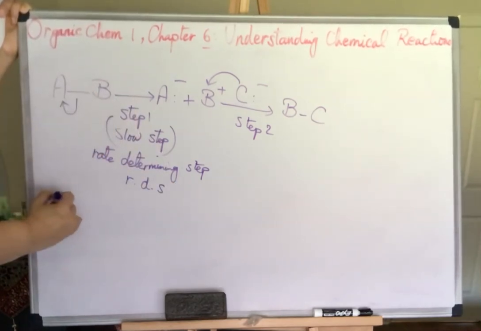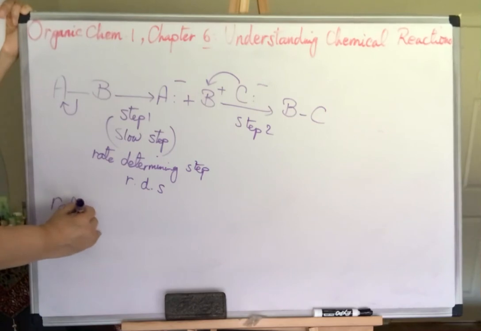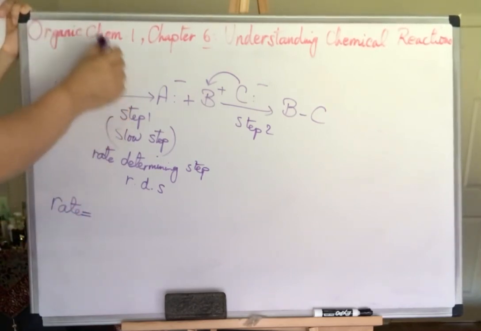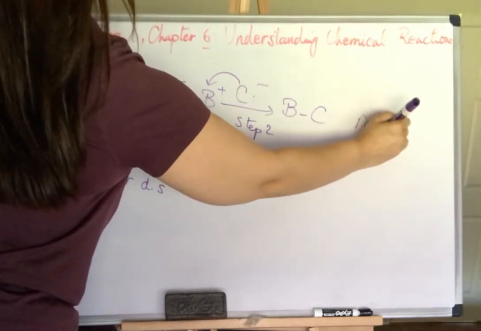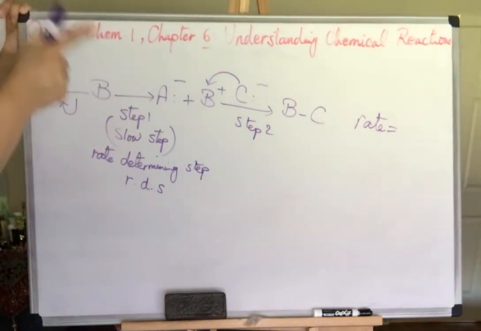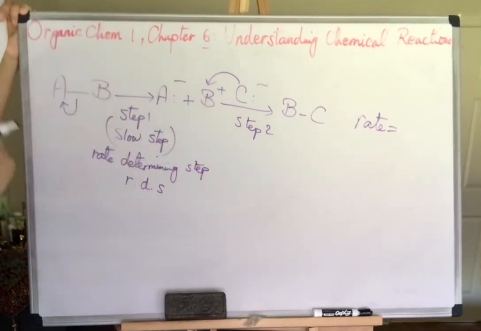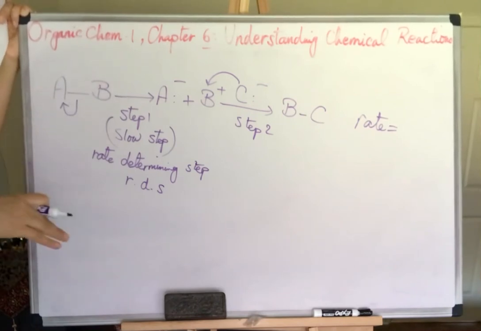So the rate equation, if you remember, is written based on the slow step only. And in the slow step, in this particular reaction, you only see AB involved, right? So again, the rate equation is written just for the rate determining step, because that's the step that controls the overall speed of the reaction.